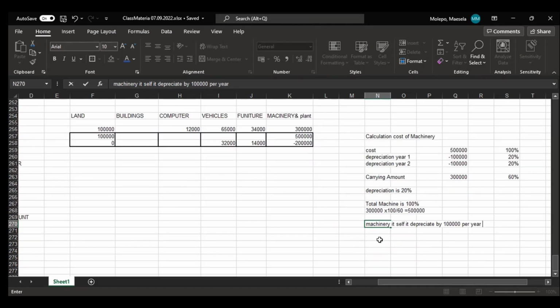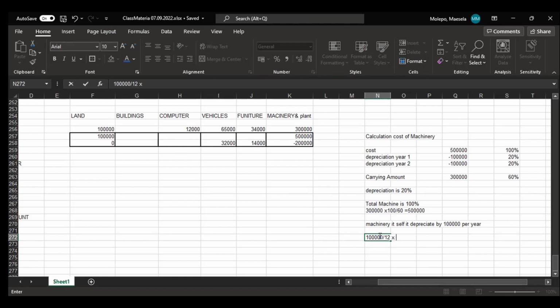We are happy. Now they say the same machinery was used in the production of a new plant for 3 months. Is that thing depreciation capitalization? So it means we will say the 100,000 divided, times by 3 months.